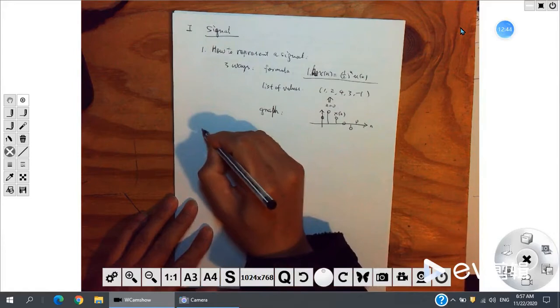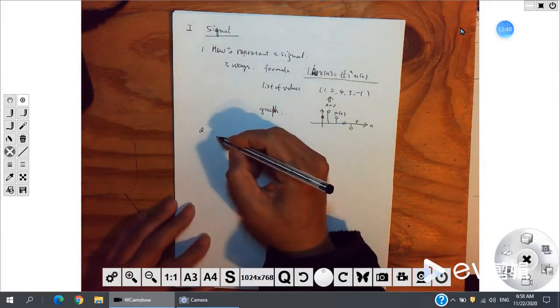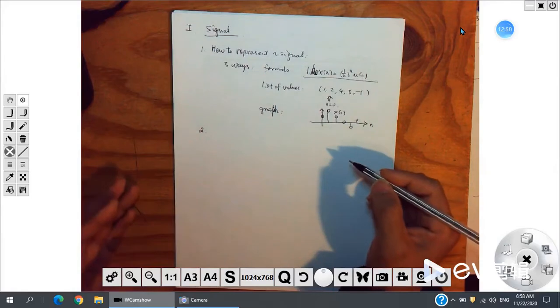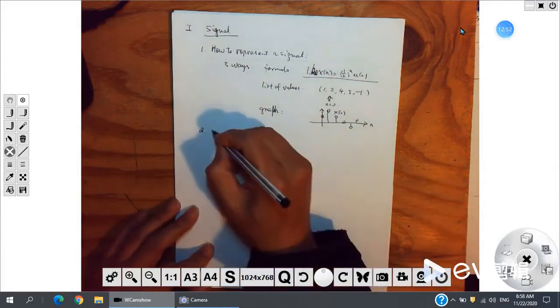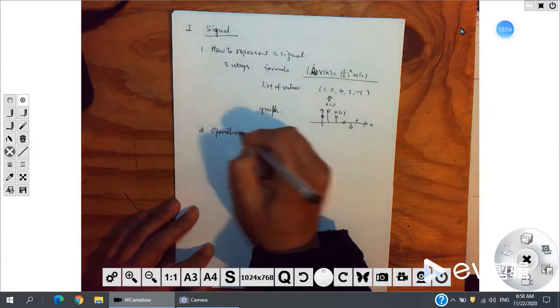The second topic is change. Based on one signal or several signals, we can have something different. So we have the operations of signals.